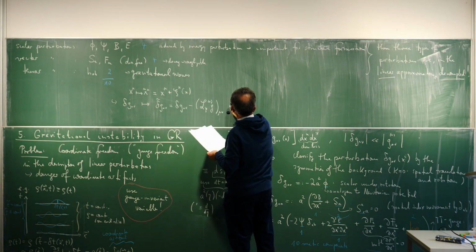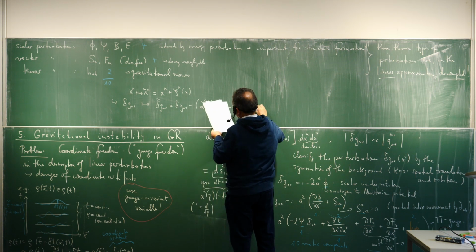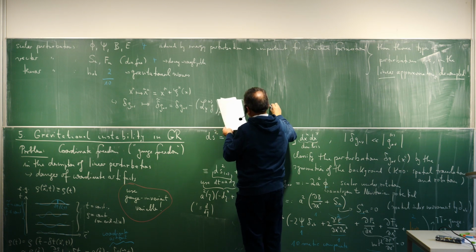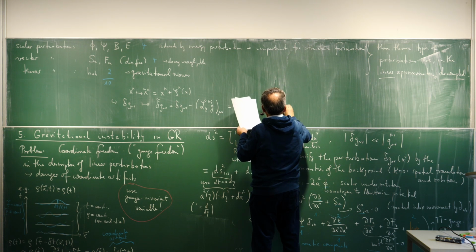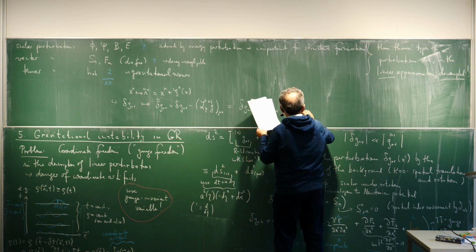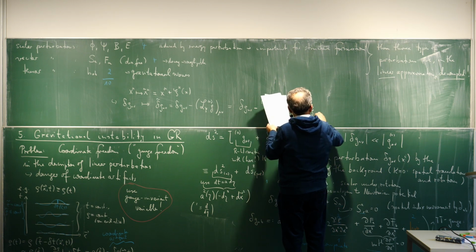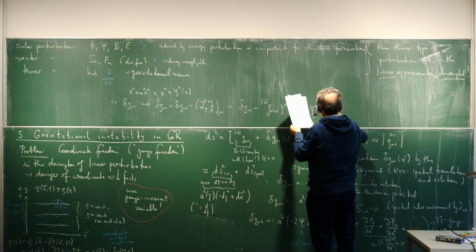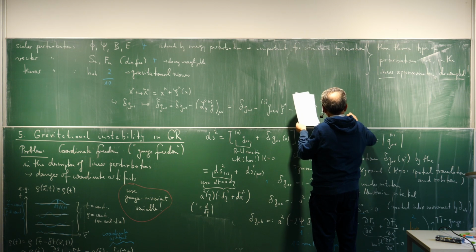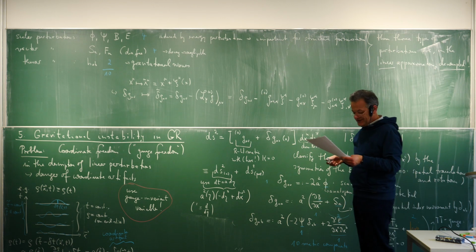And if you look back to your old notes or you do the calculations, then we have delta g mu nu tilde minus delta g mu nu equals minus g0 mu nu comma alpha xi alpha minus g0 alpha nu xi comma mu alpha minus g0 mu alpha xi alpha comma nu. Lengthy terms, but you know these lengthy terms from your lecture course.